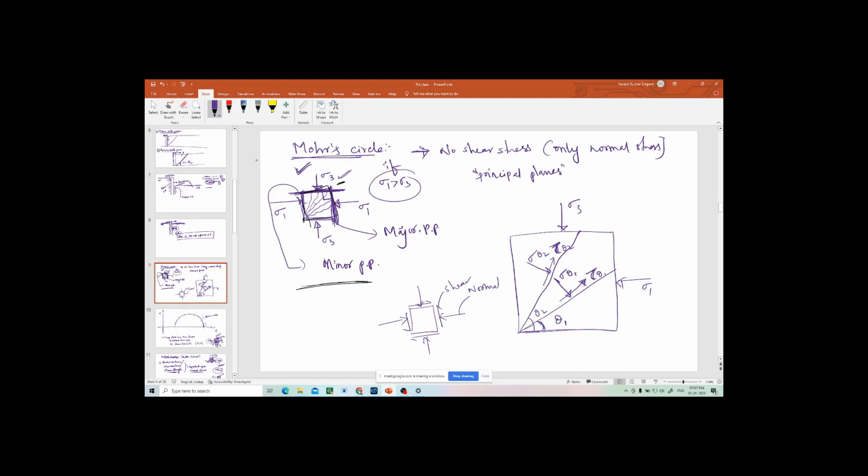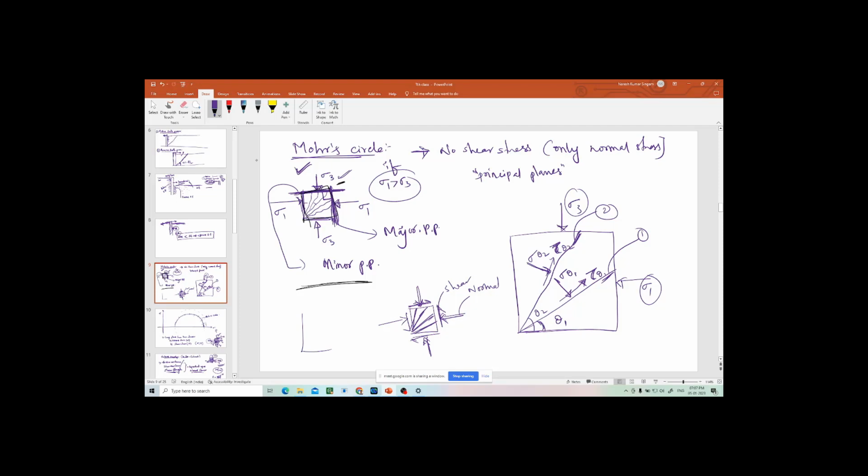Suppose there are an infinite number of planes inside this element. Because of these stresses on the element, the planes inside will also be subjected to stresses. Let us consider this as one plane, this as a second plane. Because of these stresses, these planes will also be subjected to some normal stresses as well as some shear stresses.